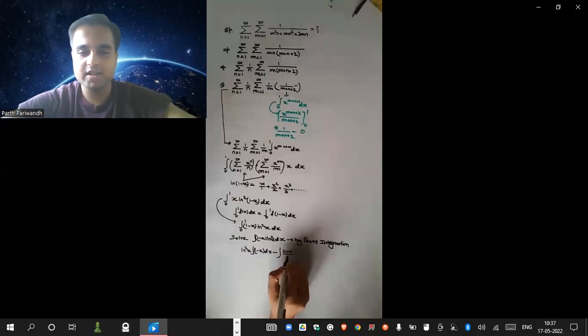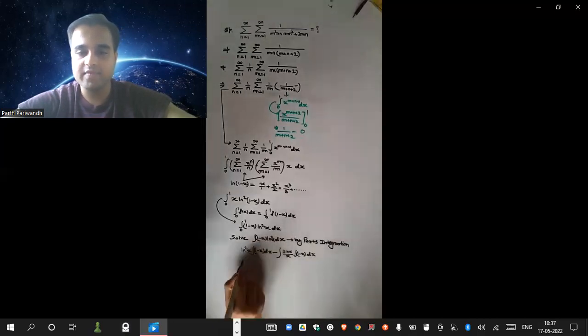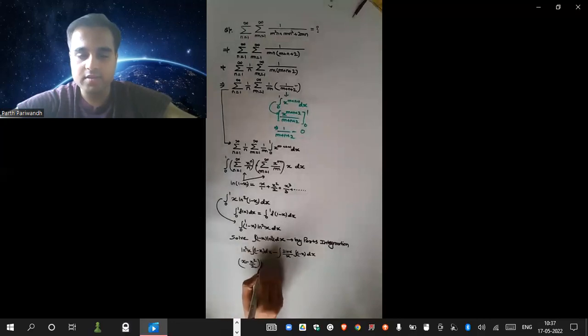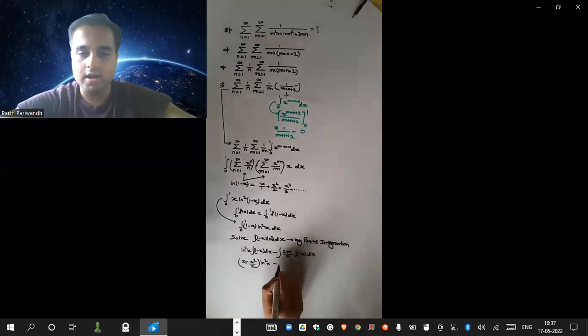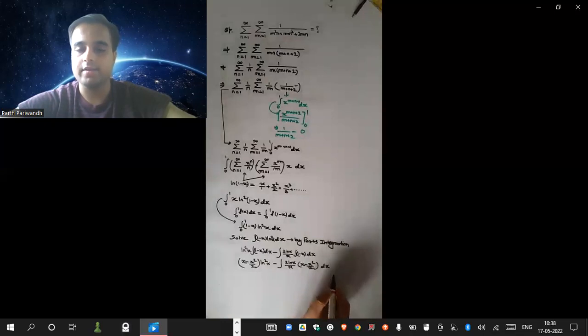Now we are differentiating natural log square x with respect to x, which is 2 natural log x divided by x, into the integral of (1 minus x) dx. The integration of (1 minus x) dx is x minus x square by 2, times natural log square x, minus the integral of 2 natural log x divided by x into (x minus x square by 2) dx.